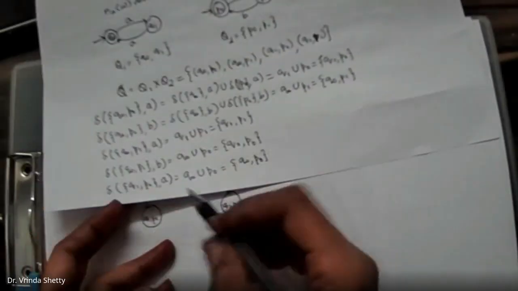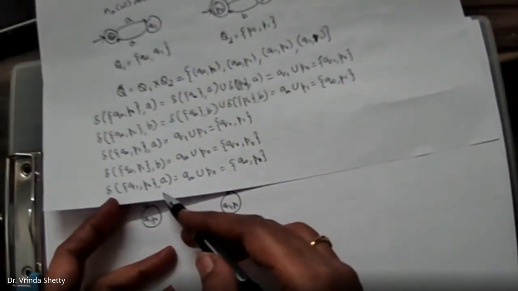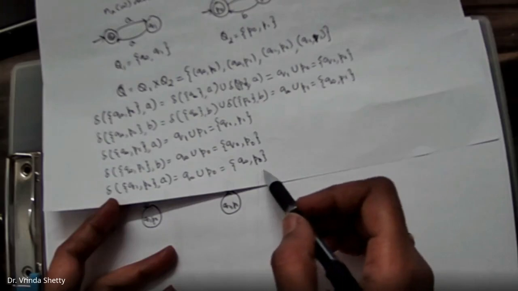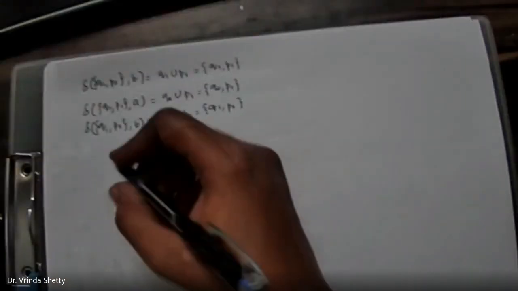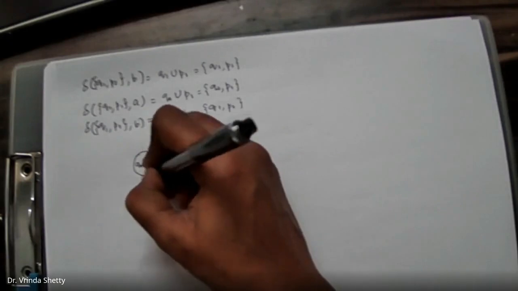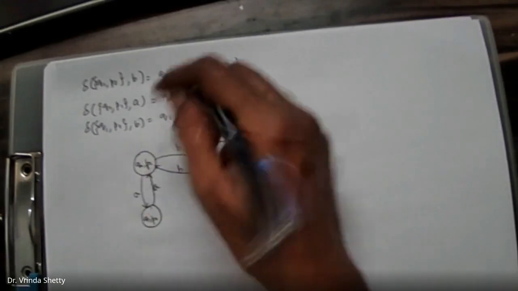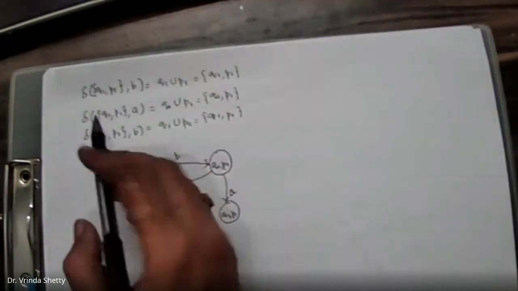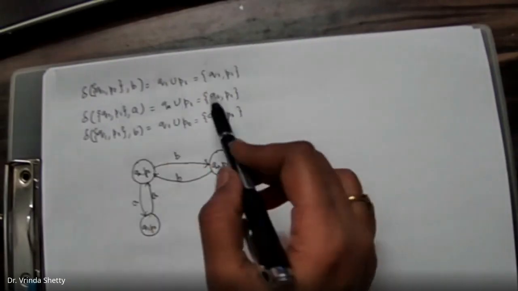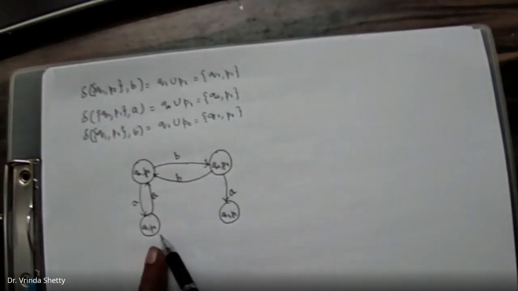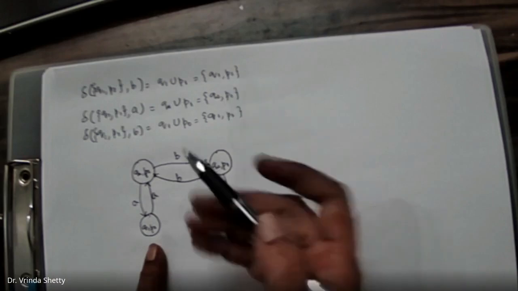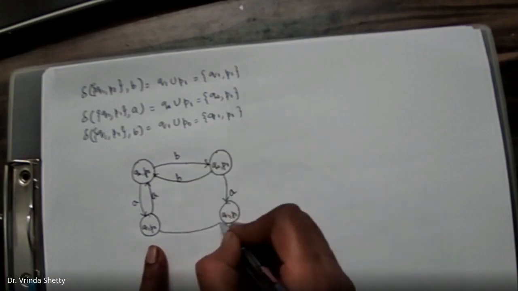Q1 P0 on A, it is going to Q0 P0. Then next, Q1 P0 on B, it is going to Q1 P1.